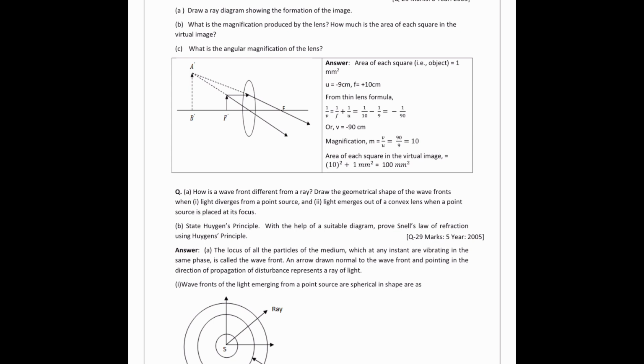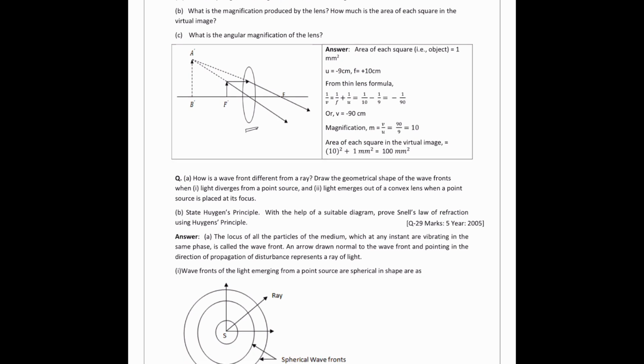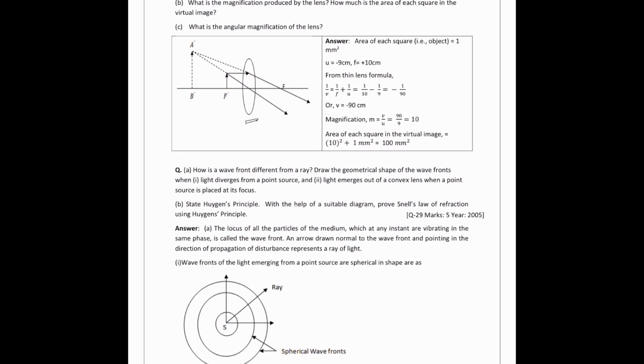Achha, this is simple microscope magnification produced. A figure divided into squares, each of size 1 millimeter square, is being viewed at a distance of 9 centimeter through a magnifying lens. So a magnifying lens is a simple microscope. It is simply a convex lens, okay, of focal length 10 centimeter held close to the eye.